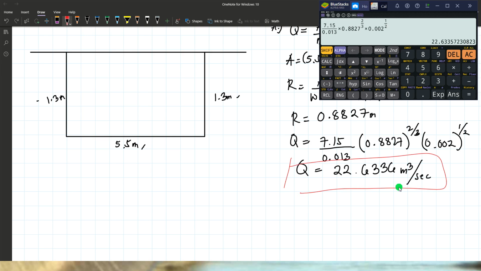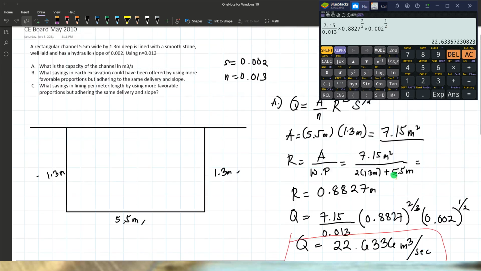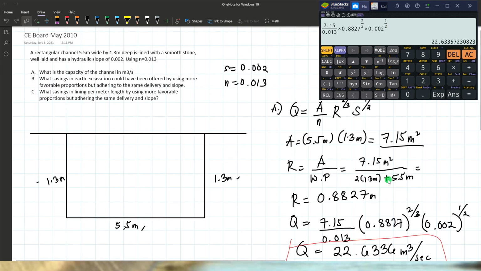For letter B, the question is, what savings in earth excavation could have been offered by using the more favorable proportion? What is being referred to here is the most economical section, or the most efficient section, but still adhering to the same delivery, or the discharge, and its slope.